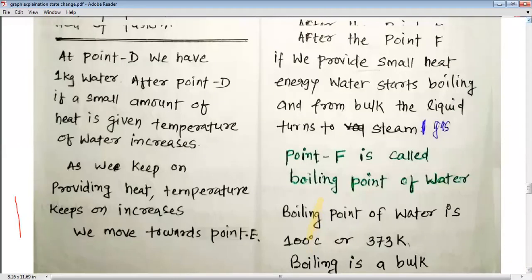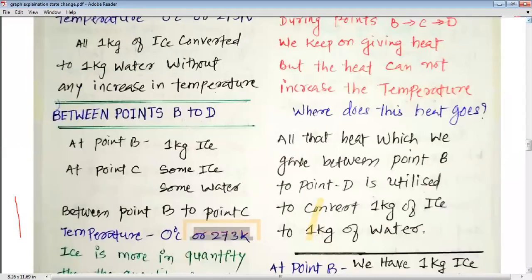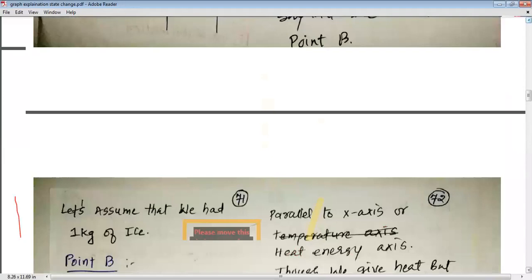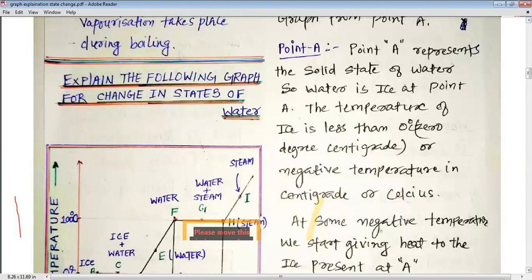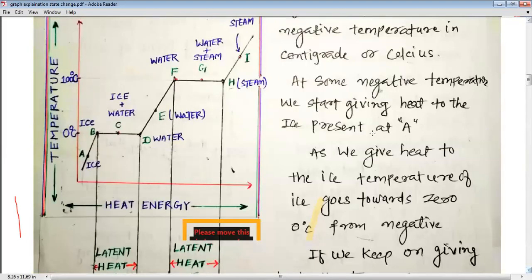Now let us look at the graph and understand the same thing from the graph, the movement from point D to point F. So let us understand that change. We studied up to point D. Now at point D, we start giving heat.